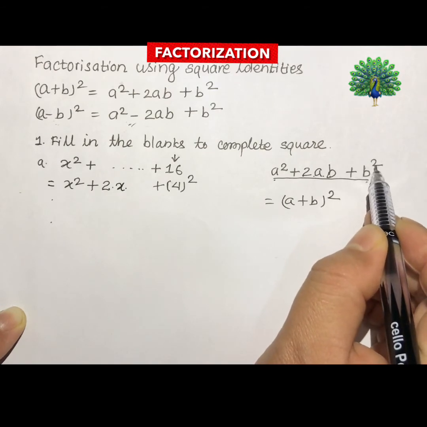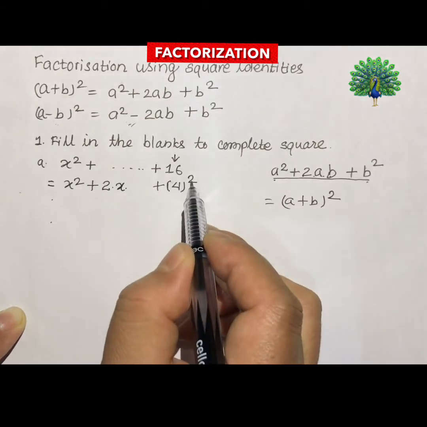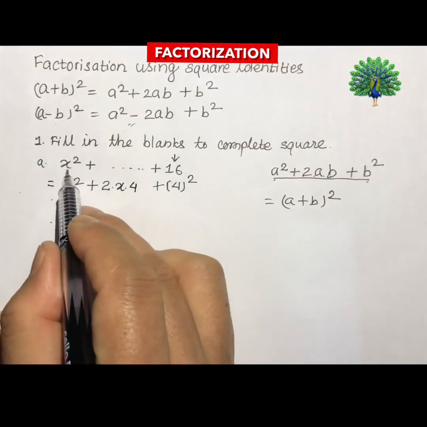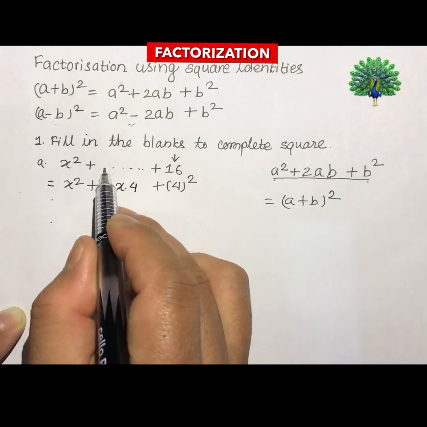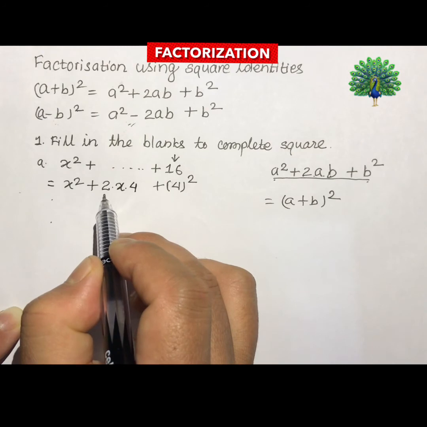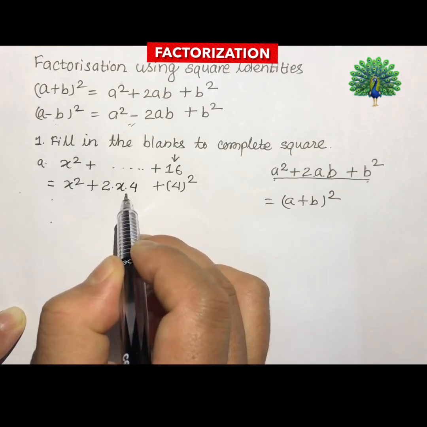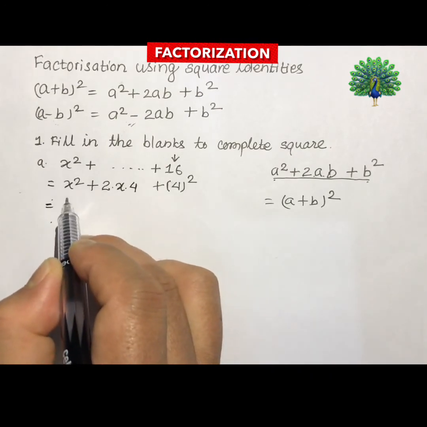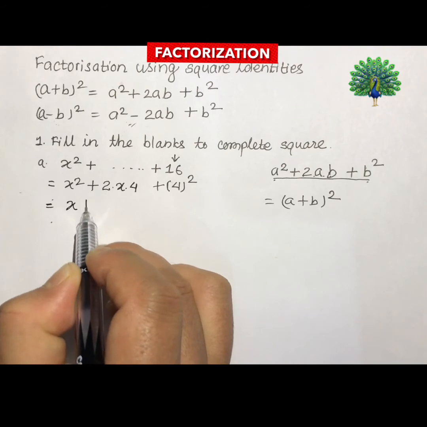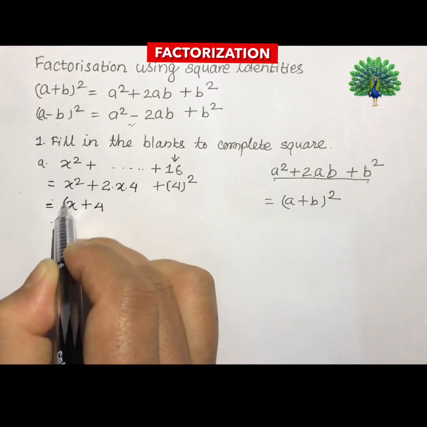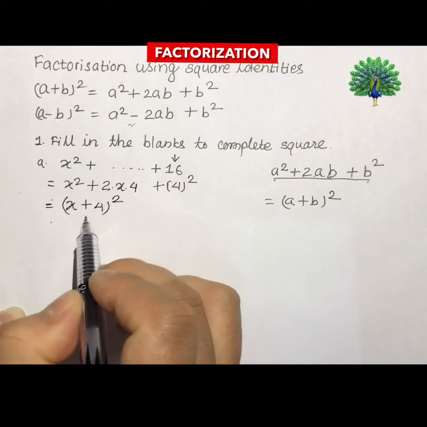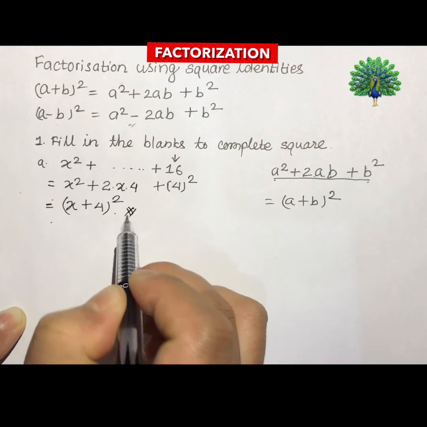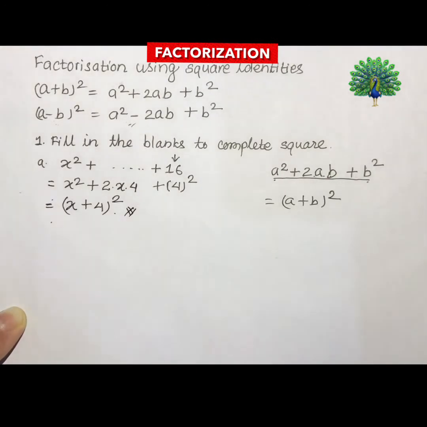In the last term, without the square it is 4. So this is b. So this incomplete term can be made a complete square by putting this one. Now we can write a, which is x, plus b, which is 4, whole square. Using this formula, this term has now become a complete square. This is what you are told to do here.